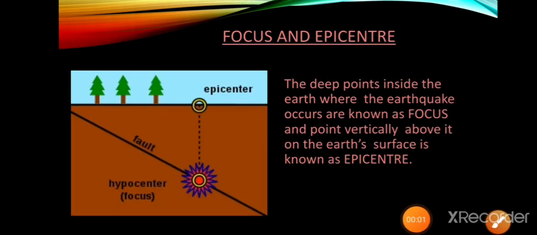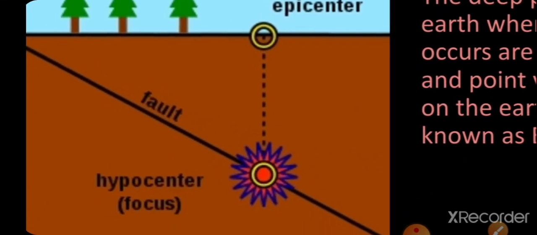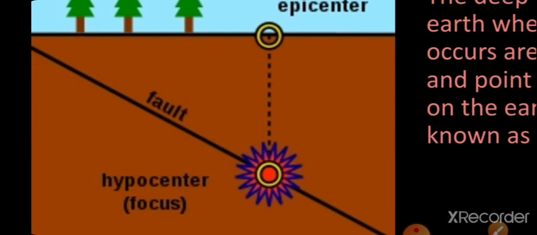The next one is focus and epicenter. See the picture. Here we can see the fault zone. We already studied how the fault zones are produced during the convergent margins or the transform margins.